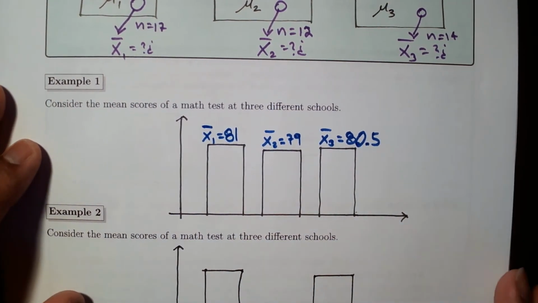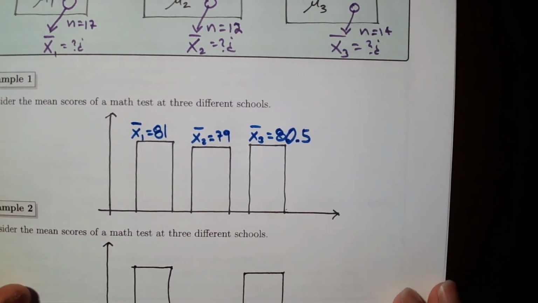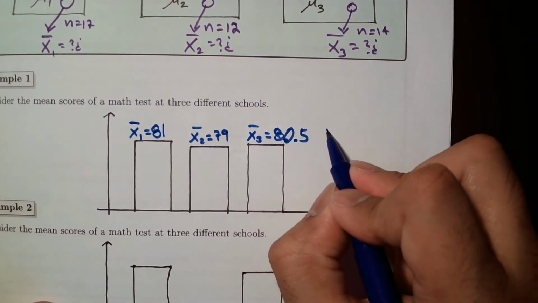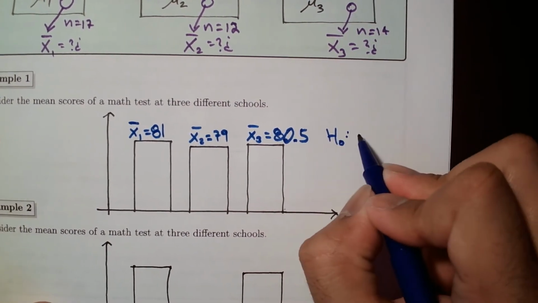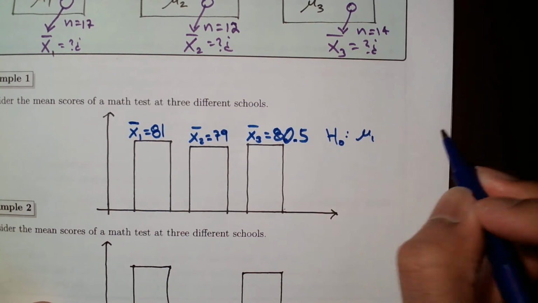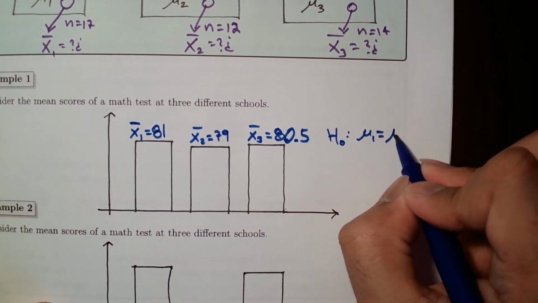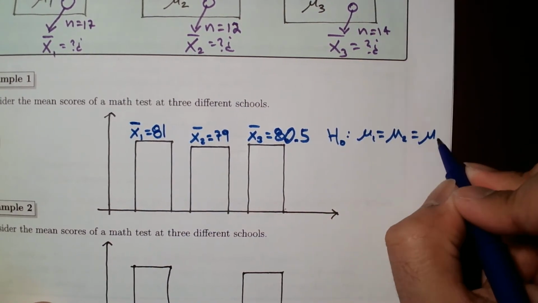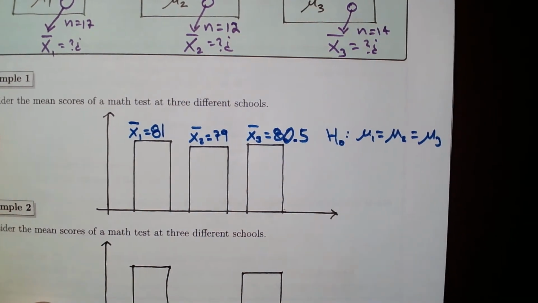Well, let's take the H0 and the HA in this case. For the H0, we're going to say that the mean of the first population is equal to the mean of the second population and equal to the mean of the third population.